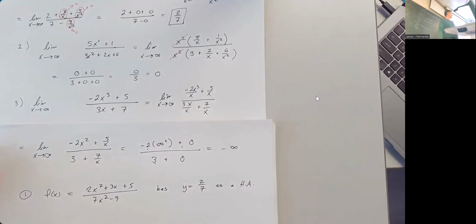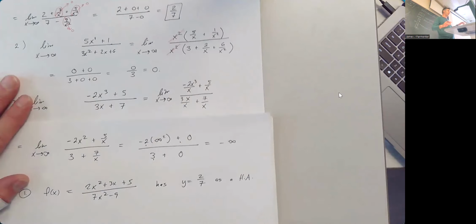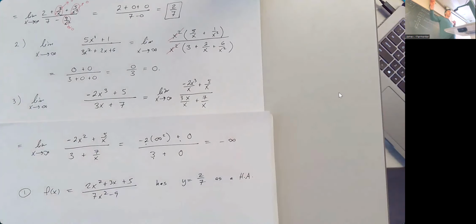Because this is how you find horizontal asymptotes, by taking the limit as x goes to infinity or to negative infinity. We didn't do negative infinity for any of these because it ends up being the same. But it's worth knowing that for rational functions, you do get the same limit as you go way, way out to the right, way, way out to the left.